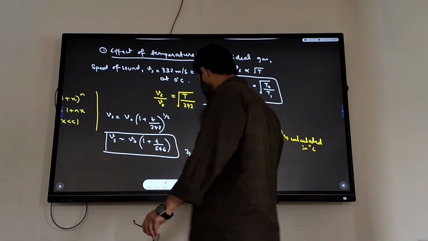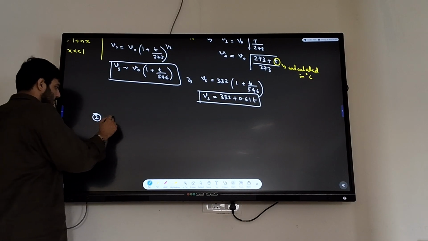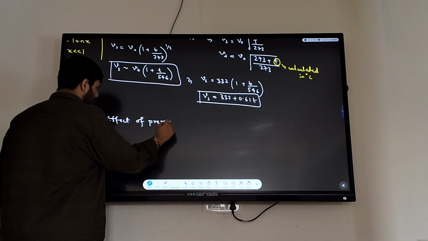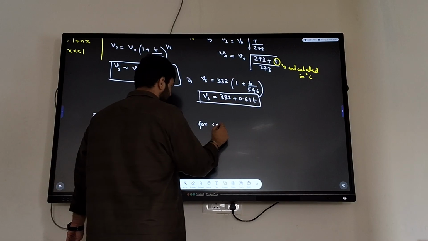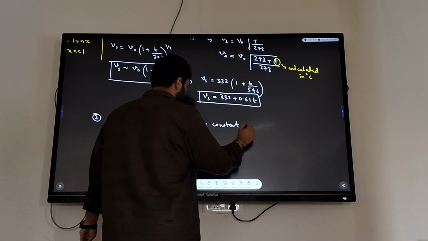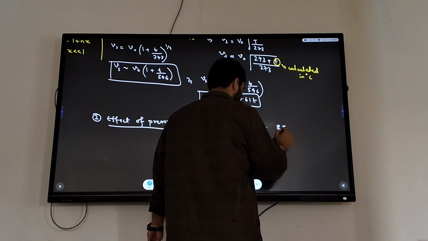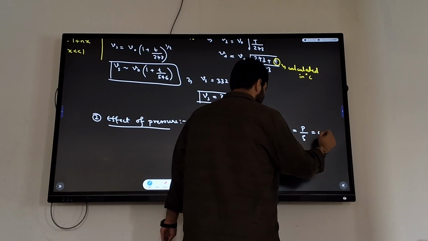I also wrote another effect, effect of pressure. If I take constant temperature, what is RT by M then? RT by M is equal to P by rho, and this should be a constant.